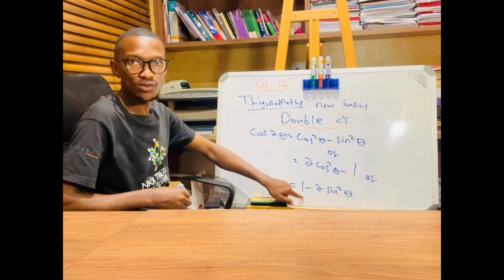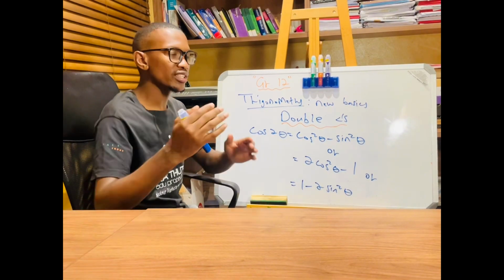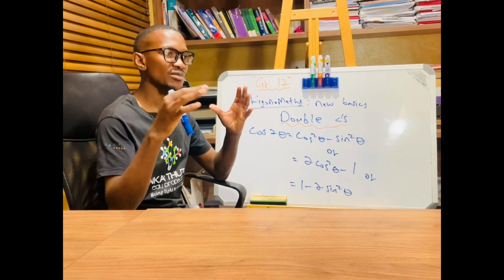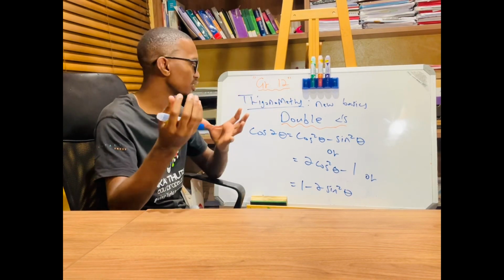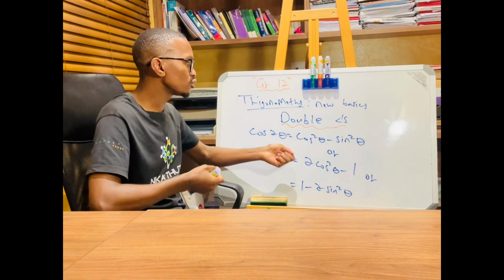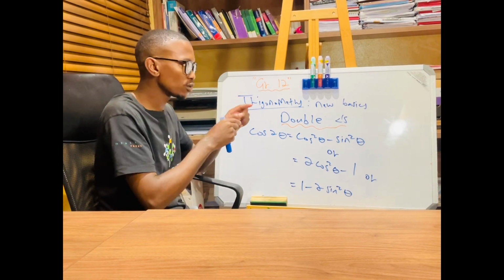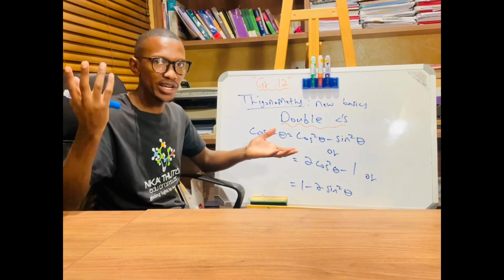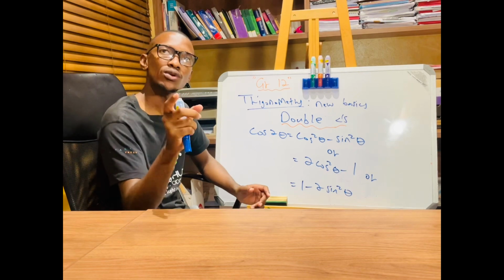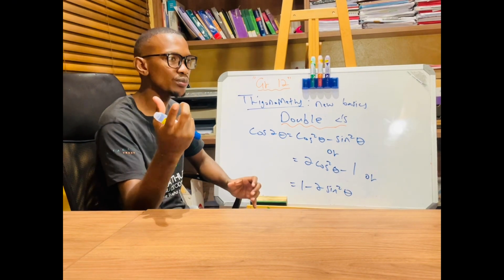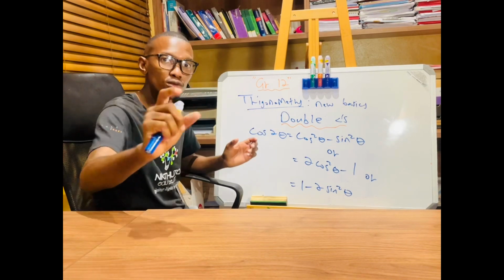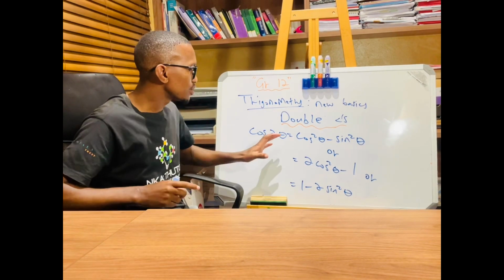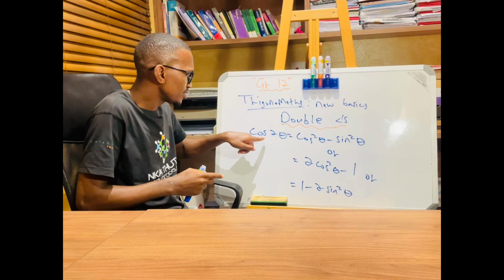It depends. Usually whenever you're dealing with simplifying trigonometric expressions, you have to be careful about which form you change to. Also when you're doing proofs, when they ask you to prove the identity, left hand side equals right hand side, you must check which one to change the double angle to.